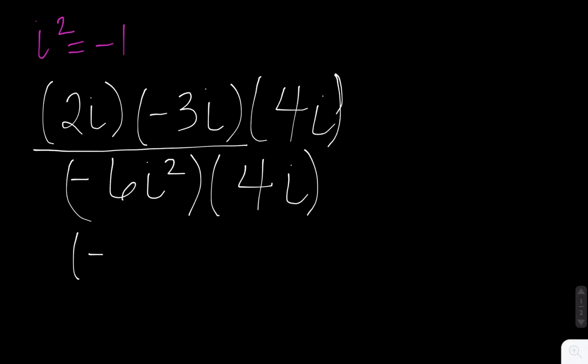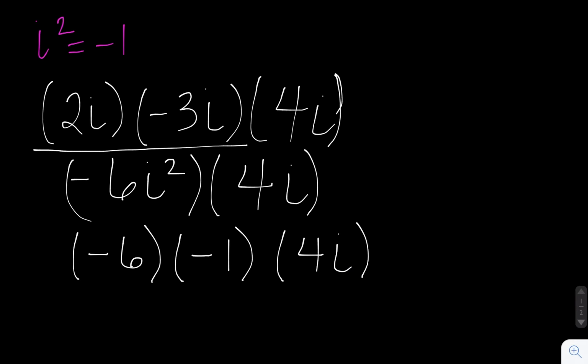So this is literally -6 times -1, and then that's times 4i. So what's -6 times -1? That's a +6. So +6 times 4i would now give us, let's multiply those coefficients, 6 times 4 is 24i. And that is our final answer, 24i.